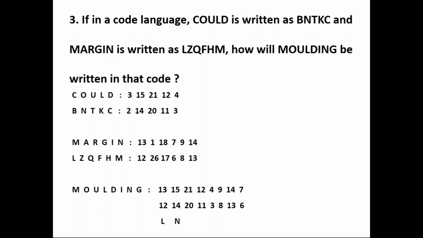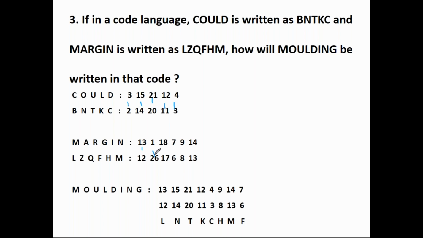So hope all of you understood. For each letter you have to check 3 -1, 15 -1, 21 -1, 12 -1, 4 -1. Here 13 -1. Actually I told clearly the cycle is repeated. A1, B2, Z26.